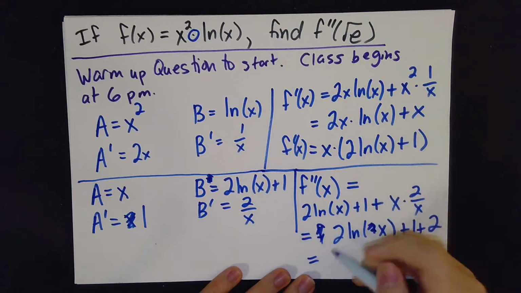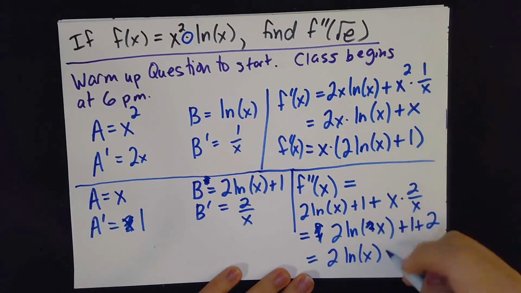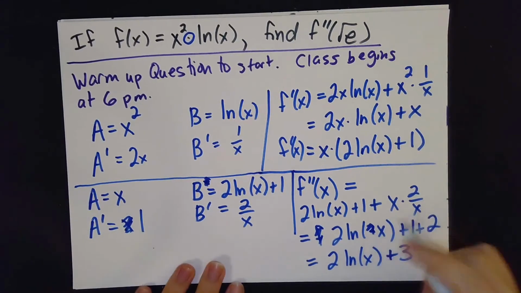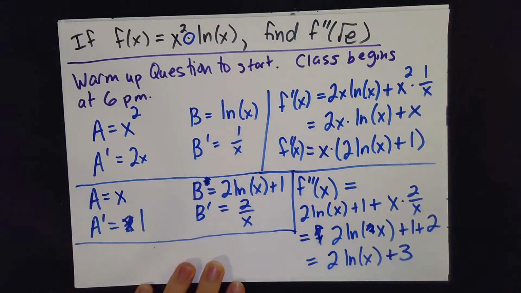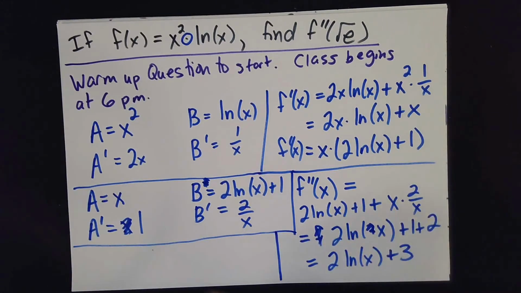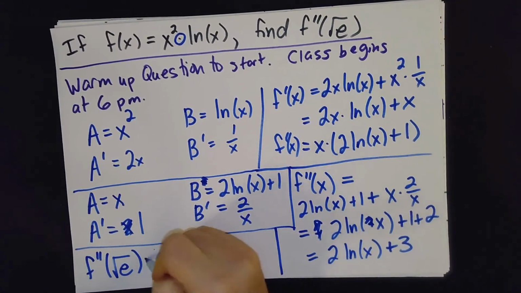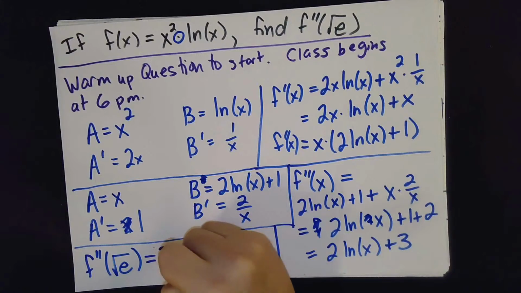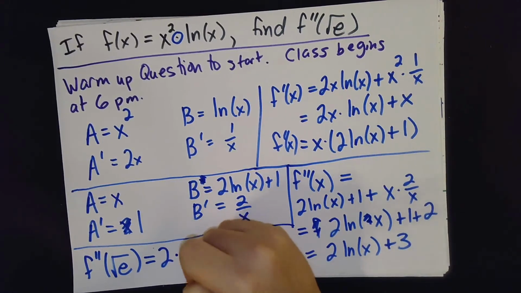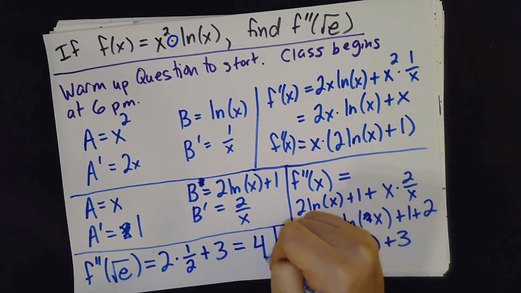So f double prime of x in this case is twice the natural log of x plus 3. And so in light of that, when we go to find f double prime of the square root of e, it will work out to be 2 times the natural log of square root of e, which remember is a half, plus 3. And so this will be equal to 4.